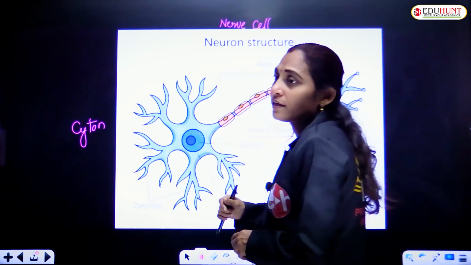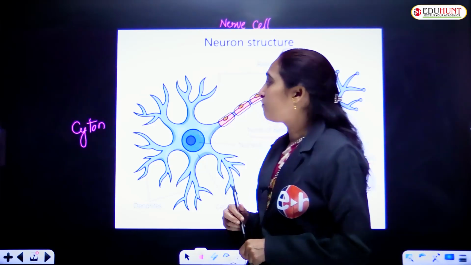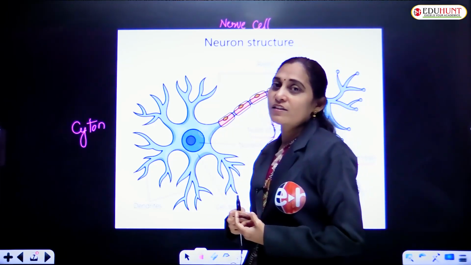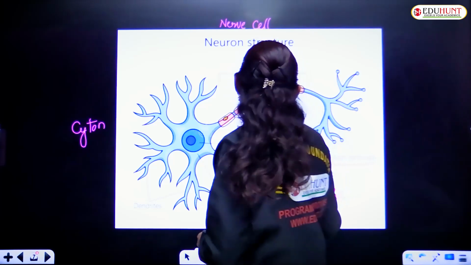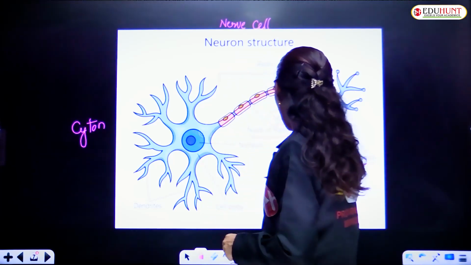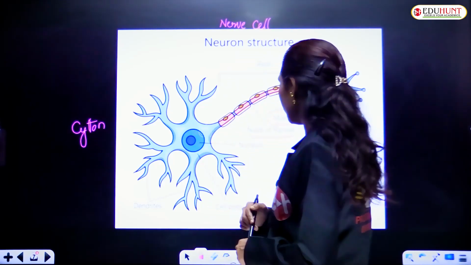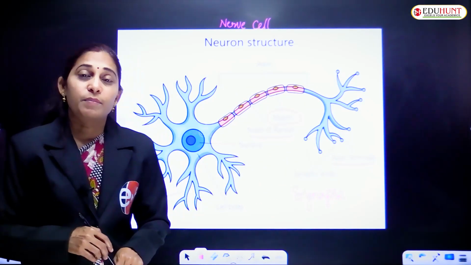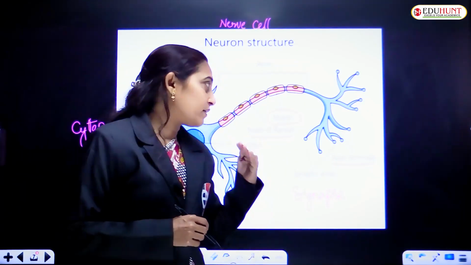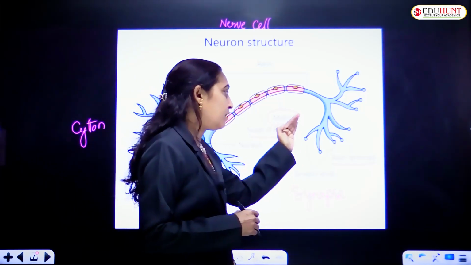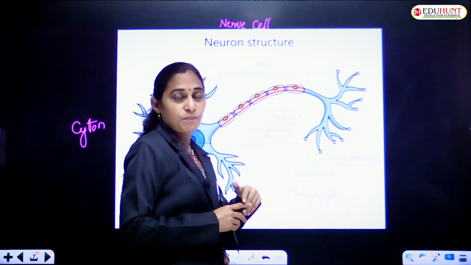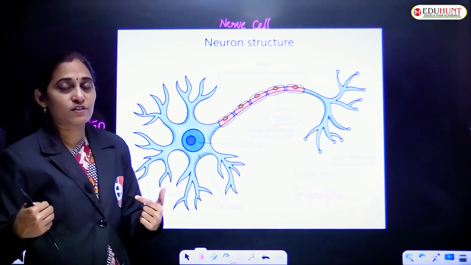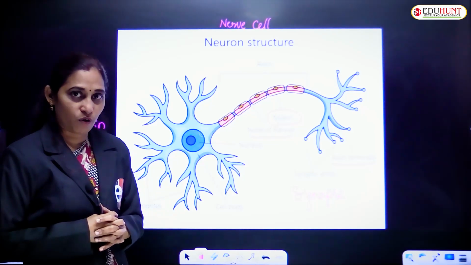The axon terminates in the form of fibrous terminal ends called axon terminals, and each axon terminal has a knob-like structure called the synaptic knob, and the synapse is the junction between the axon terminals of the previous neuron and the dendrites of the next neuron.